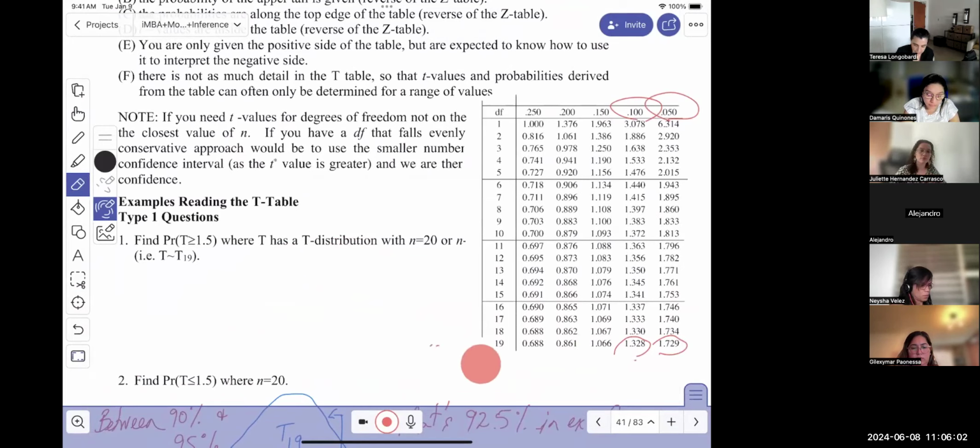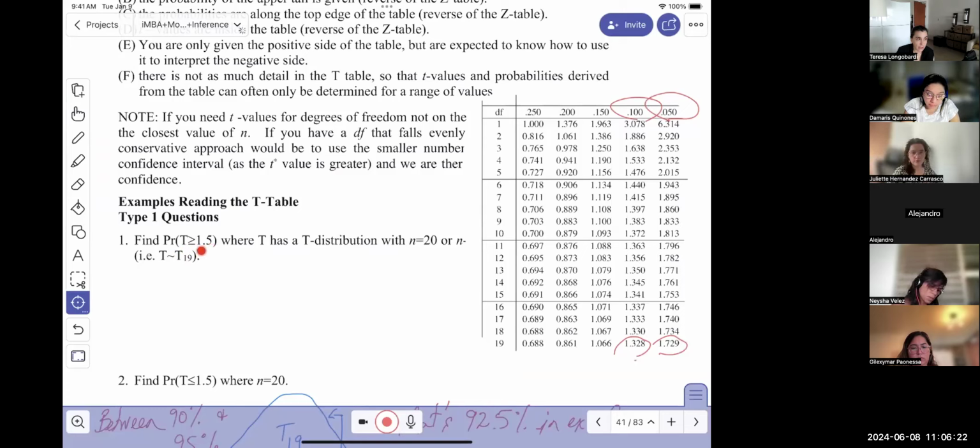Also, you can get this out of Excel using T, just like you did Z. You can get these results out of Excel. So let's say I asked a question like, what is the probability that the T distribution is greater than 1.5?